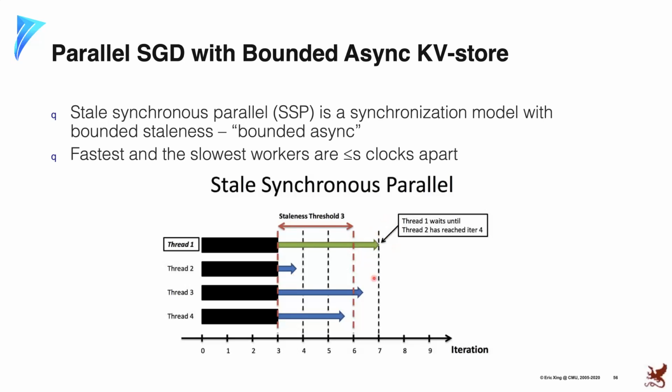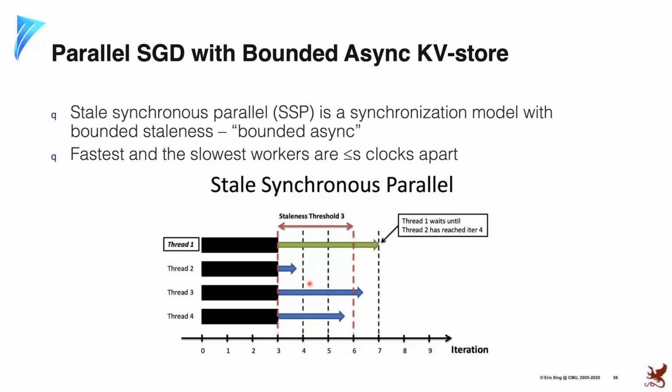So the fastest worker will stop, and it will keep retrying its request until the second worker reaches iteration 4, which means they are within this limited time window.